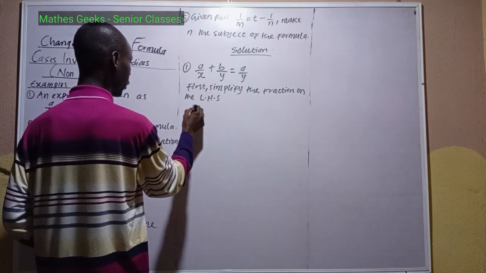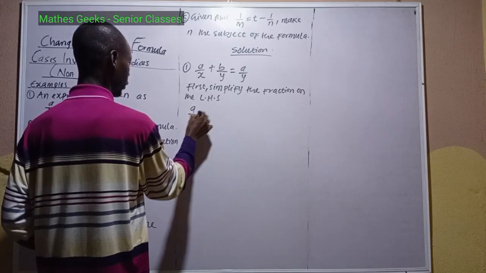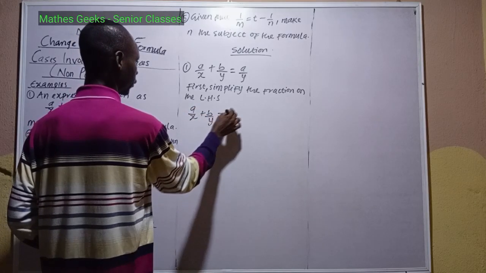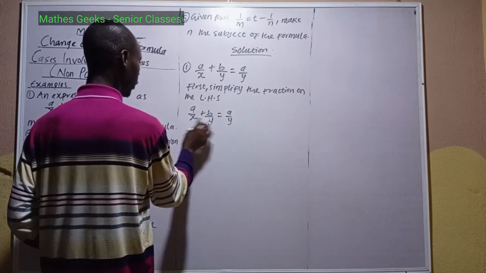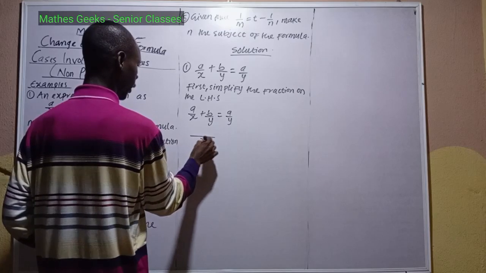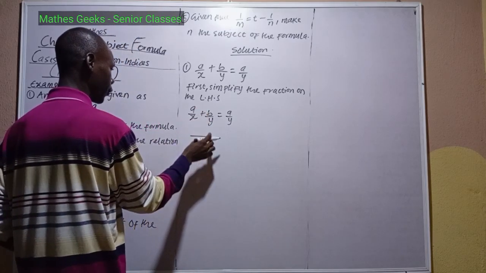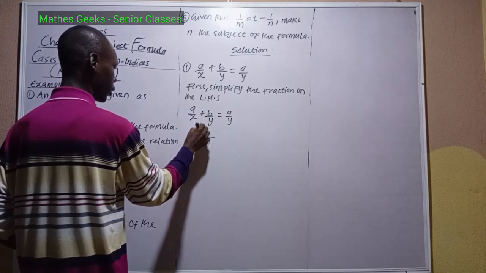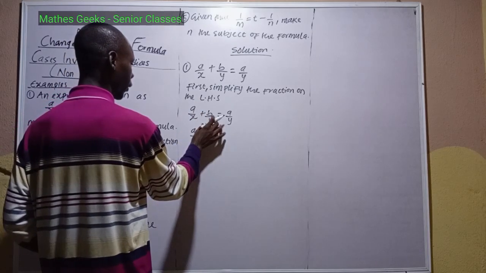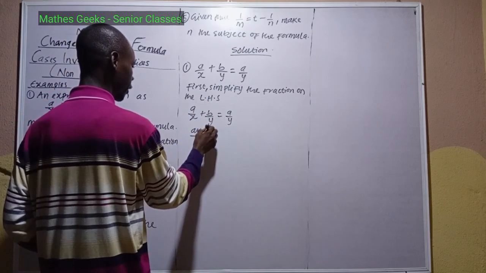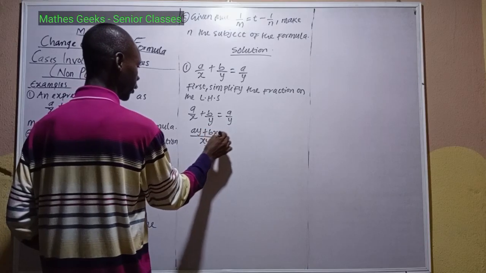So P over X plus B over Y. LCM of X and Y is XY. XY divided by X is Y. Y times P is PY. XY divided by Y is X. B times X equals BX.